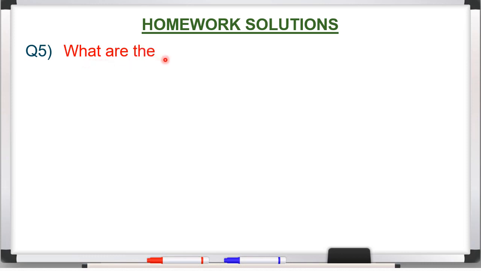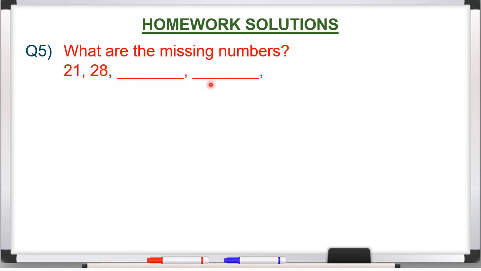What are the missing numbers? 21, 28, dash, dash, 49, dash. Option A 26, 28, 34.